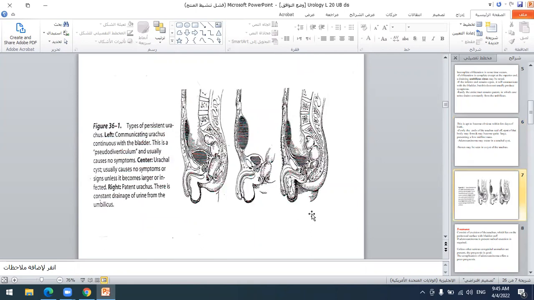Here appears the anatomical position of the urachus. The urachus is a band normally present in intrauterine life. It is a canal or tunnel between the urogenital sinus and the navel.